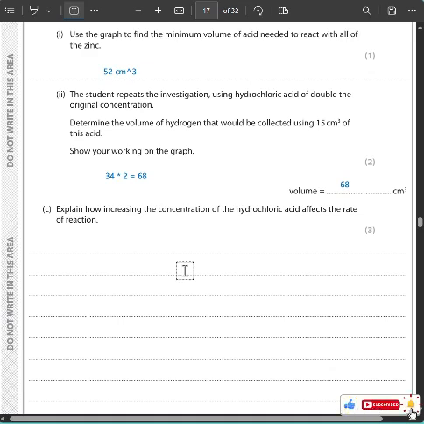Explain how increasing the concentration of hydrochloric acid affects the rate of reaction.